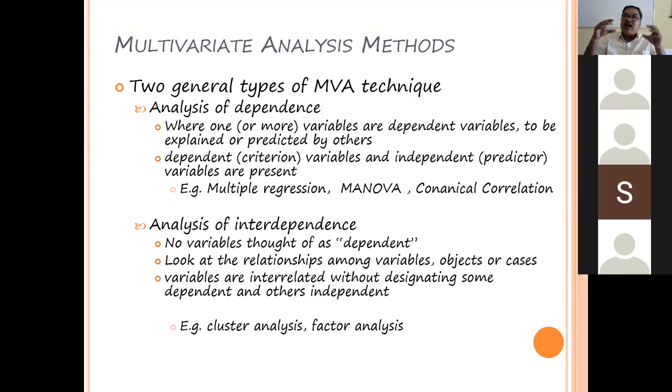When you have this kind of situation, then you go with dependence analysis. Here one dependent variable is to be explained, or predicted, by others. So one variable is explained by many independent variables.